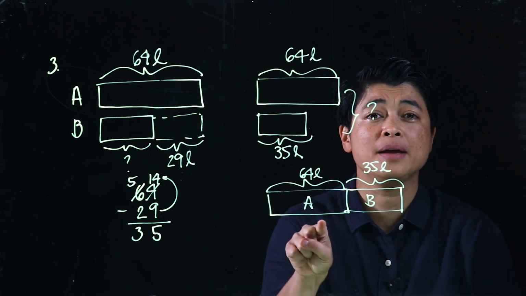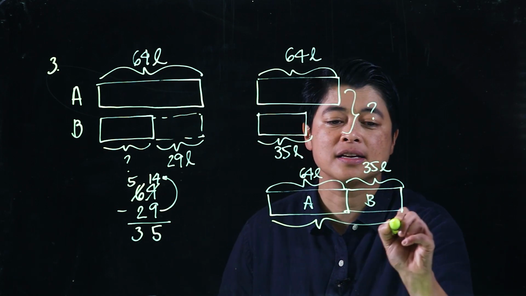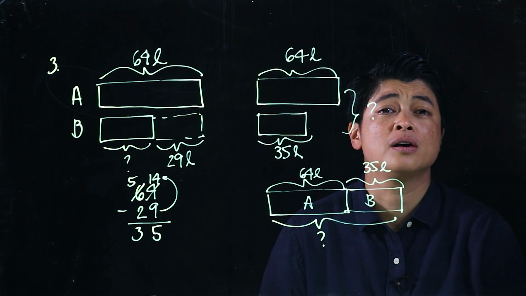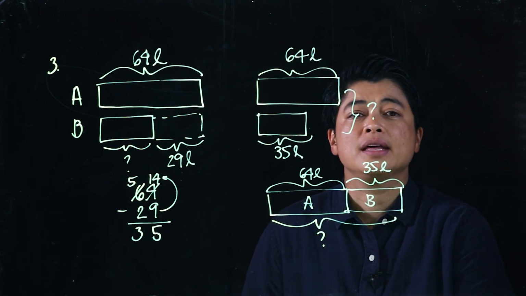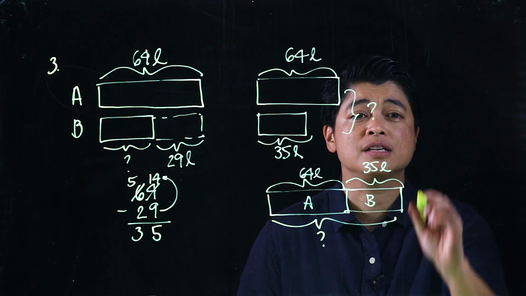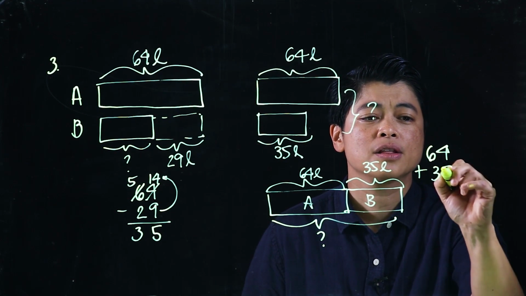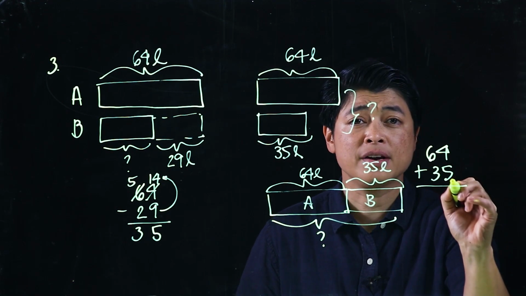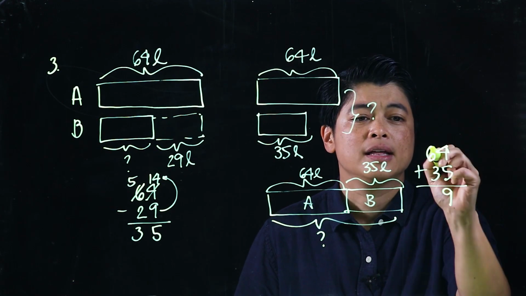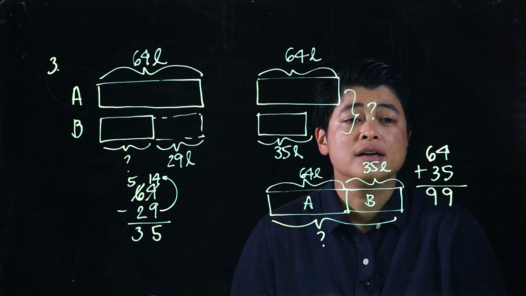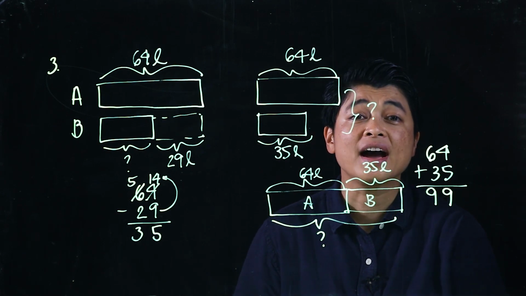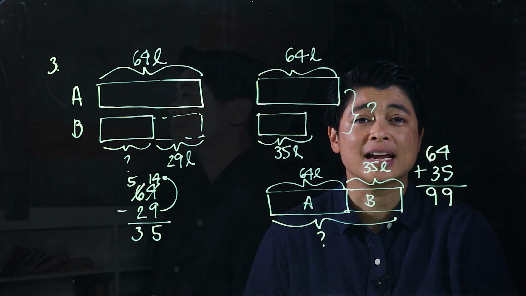That's why I prefer this, because this tells the kids we're looking for a whole. But the equation will be the same. Since we're looking for a whole, we will add 64 plus 35. Start with the bigger number, that will be 9, and another 9. So altogether, both factories used 99.